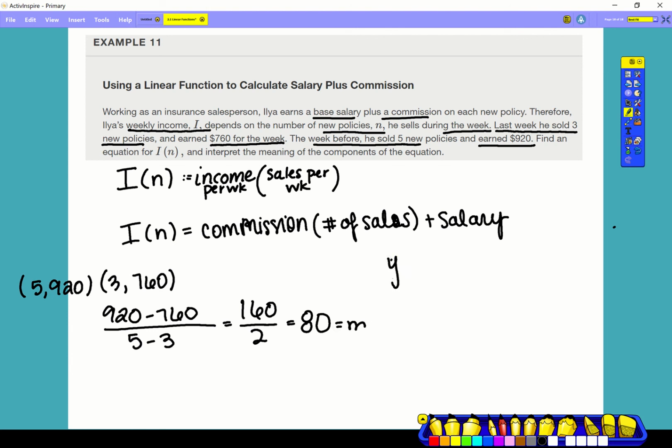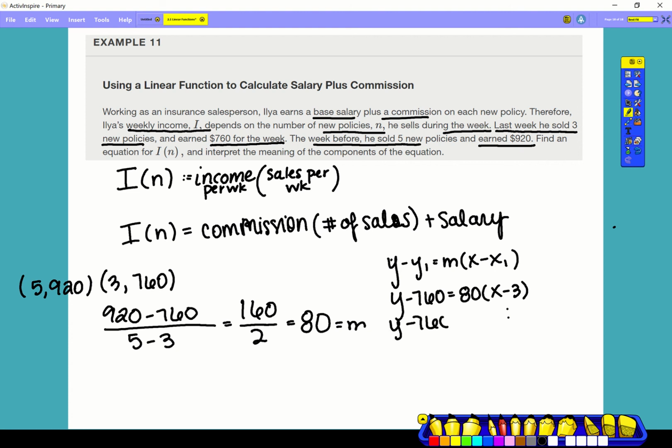What this means is that every sale he has, he earns $80. That's his slope. And since we have 2 points, I'm going to use this formula. So we have y minus 760 equals 80 times x minus 3.